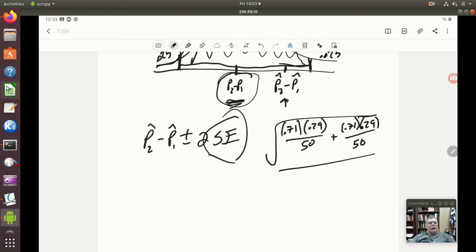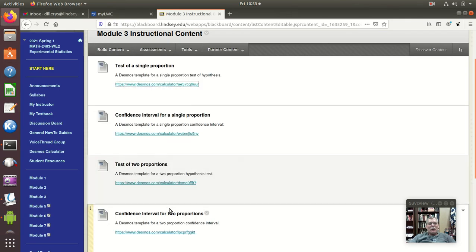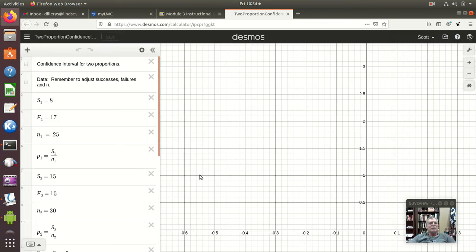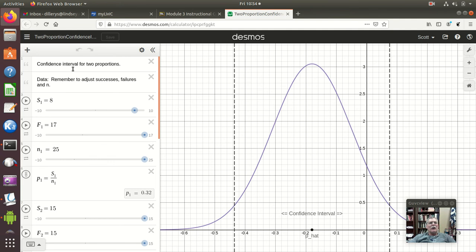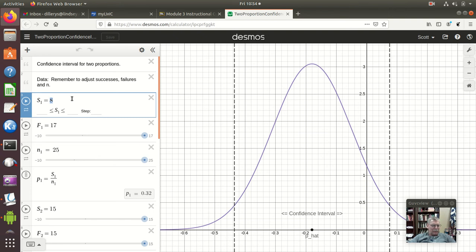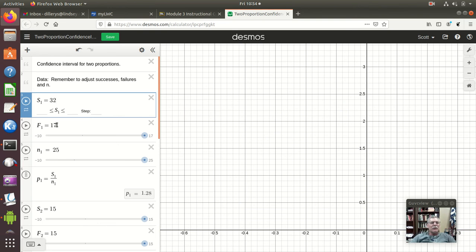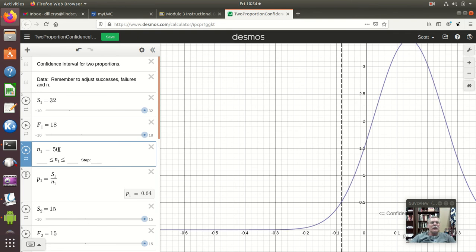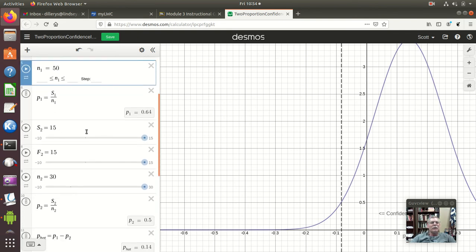We'll look at this, but again, let's go to confidence intervals for two proportions with Desmos. I'll click on that. It says remember to adjust successes, failures, and n. Okay, so we had 32 successes and 18 failures for a total of 50 for one of our cases, and that was the before, and there's our 0.64.